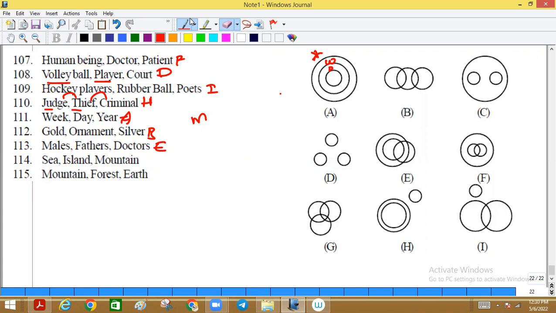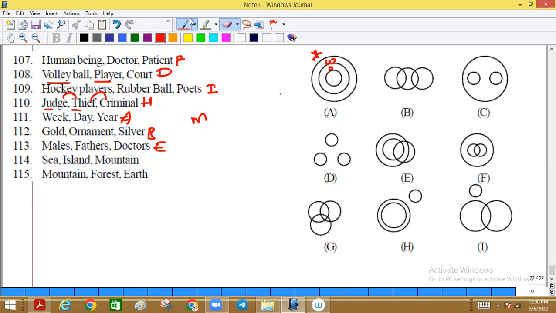See, inside, mountains or island? Or island mountains? Where are the Himalayas? Inside the sea? If this is the sea, you're putting the Himalayas in the sea?